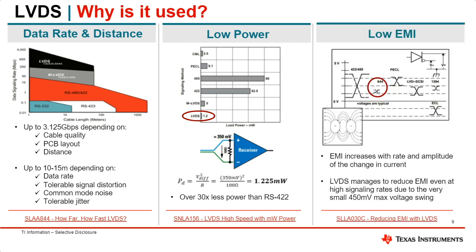And the last benefit is that even though differential signaling has great EMI performance, LVDS has even greater EMI performance with the small differential voltage swing. If you're curious to learn more about any of these benefits, TI has application notes on each topic that I've linked down in the bottom of each category to that report.